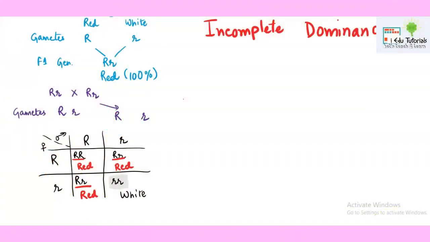That means we have got 3 individuals as red and 1 individual as white. That means our phenotypic ratio, what is it now? Yes, our phenotypic ratio is 3:1. And if we see the genotypic ratio, we have capital R capital R, capital R small r, small r small r.